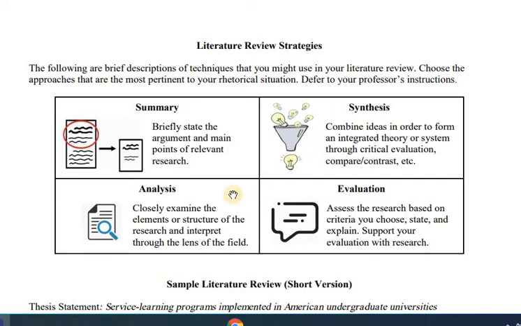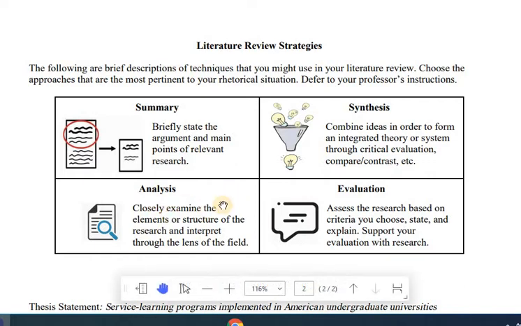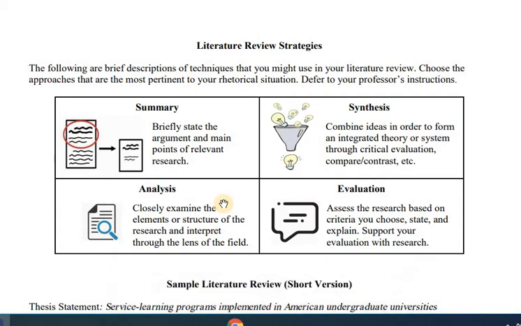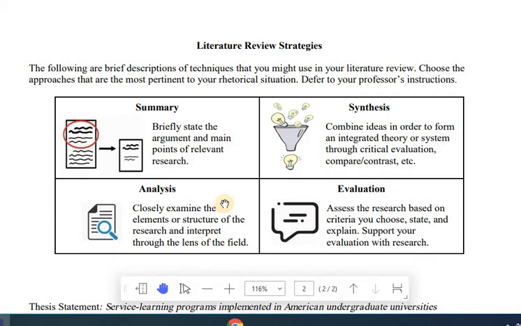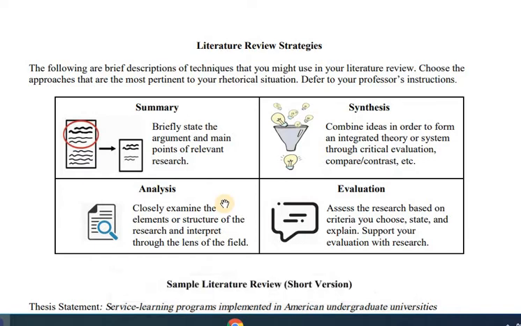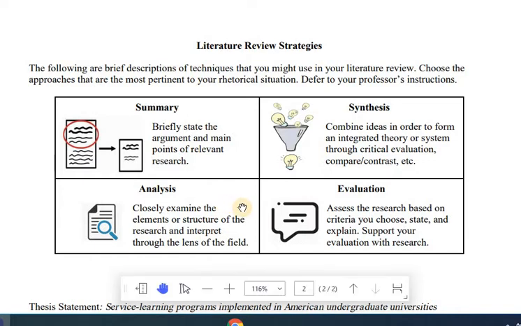With the analysis part, you already did this during your oral presentation of the previous homework. So you are already capable of analyzing a text or data that you got. You look at the elements or the structure of the thesis, and you state whether it's good.